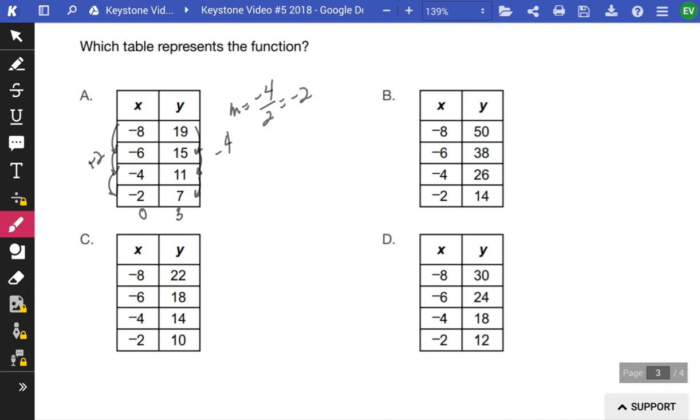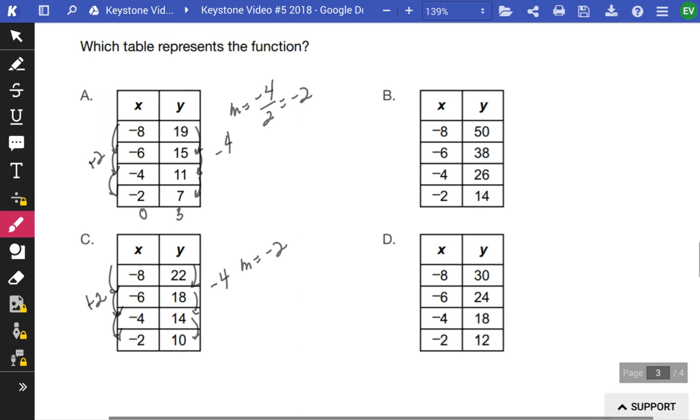So A is still a possibility. We can look at C as well. We definitely go down, we're going up 2 in our x's, and we're going down 4. So again, our slope is -2 or -4/2, which is -2. So C is again a possibility.